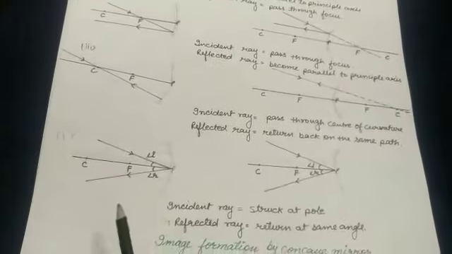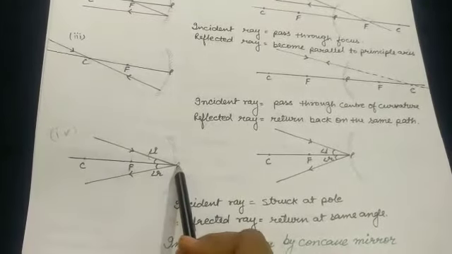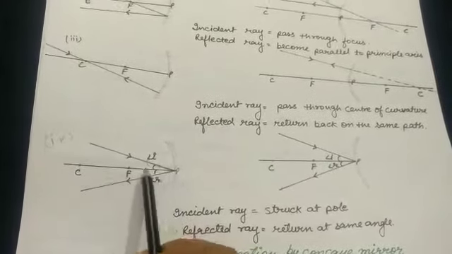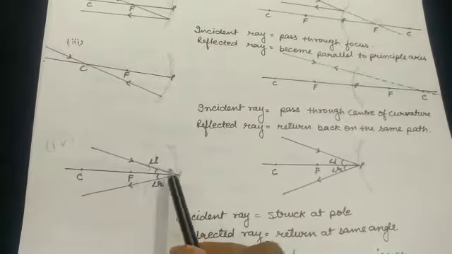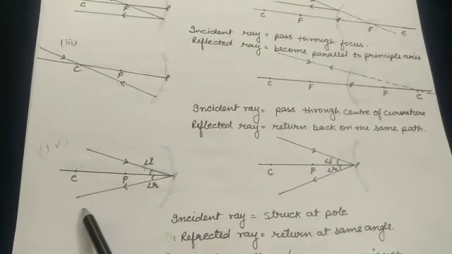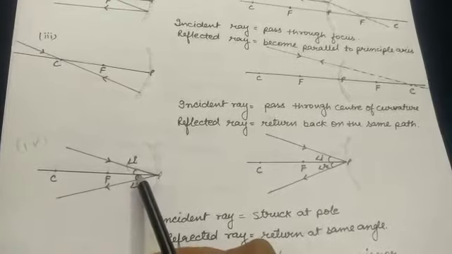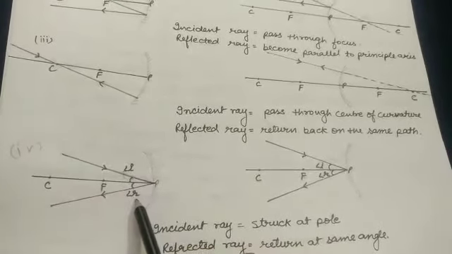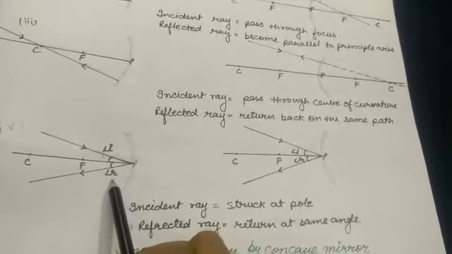And the last case: if the incident ray falls at the pole, making a certain angle with the normal, which is called the angle of incidence, then it will return back in the same direction and also make the same angle. Meaning angle i will be equal to angle r. The angle of incidence will be equal to the angle of reflection.